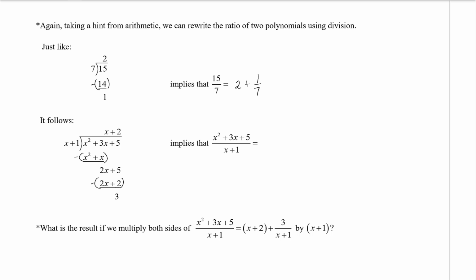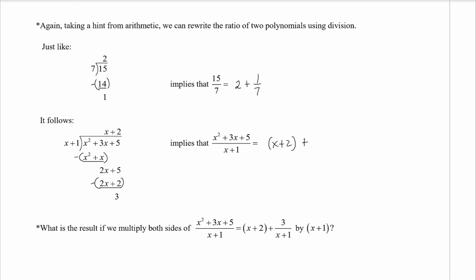So here's the one we just did in the previous example. I'm not going to do that division again. But what that's telling me is that this improper rational function, because look, it's top heavy, we got degree 2 over degree 1. So it's improper. What it tells me is when I divide that, I get x plus 2. That's kind of like my whole number. But I have a little bit left over.